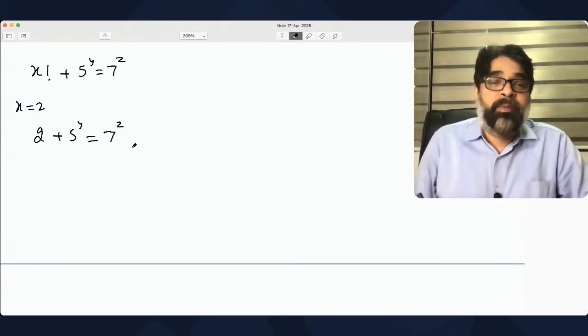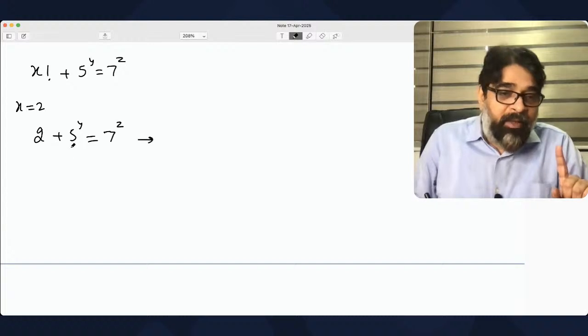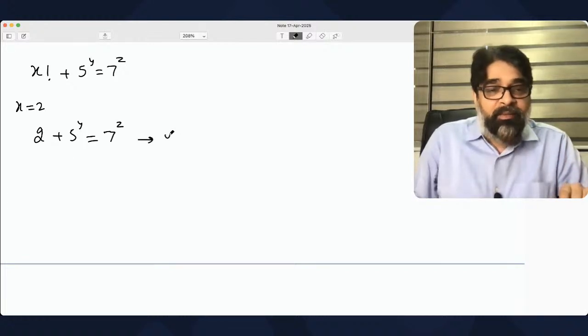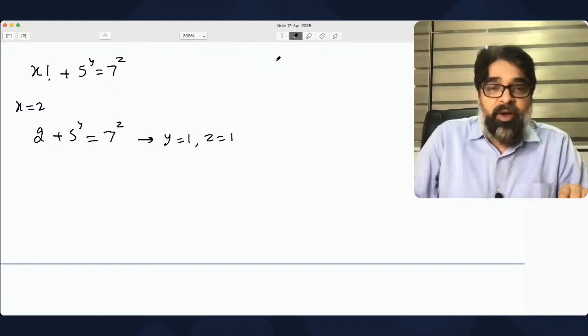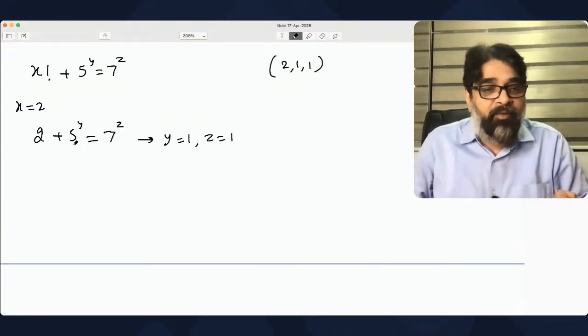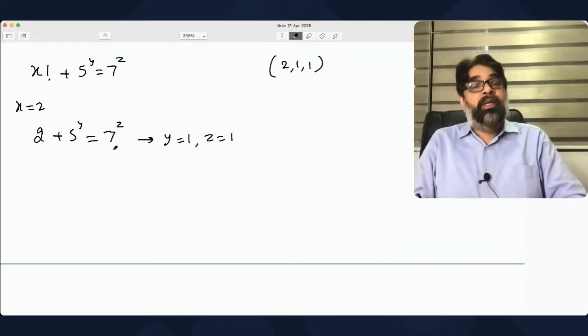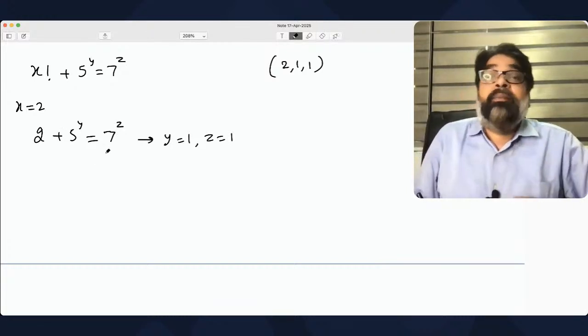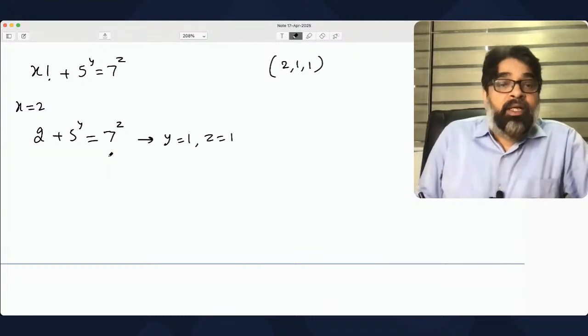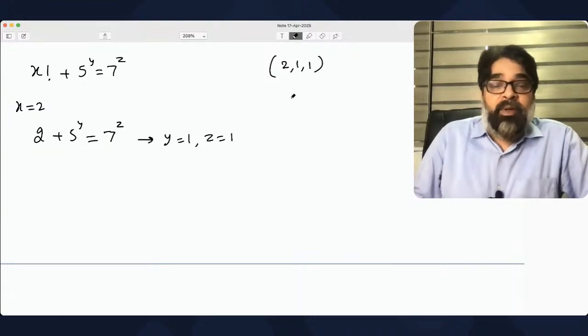Only one case will be there: y equal to 1 and z equal to 1. So one of the solutions we got is (2, 1, 1). If y equal to 1, this will be 7, and z equal to 1, this will also be 7. No other possibility can happen. This is the one solution.